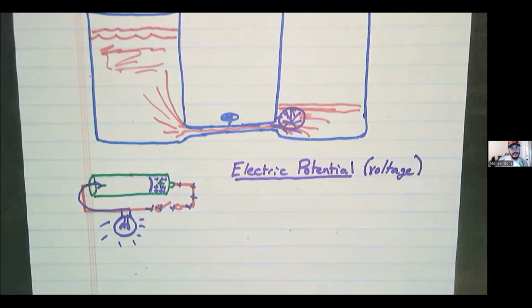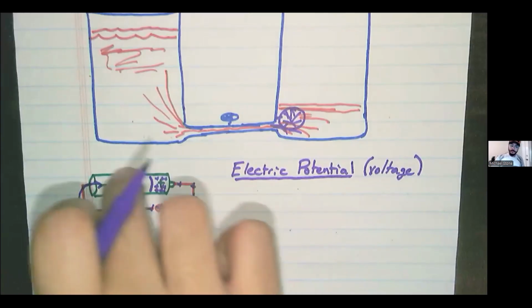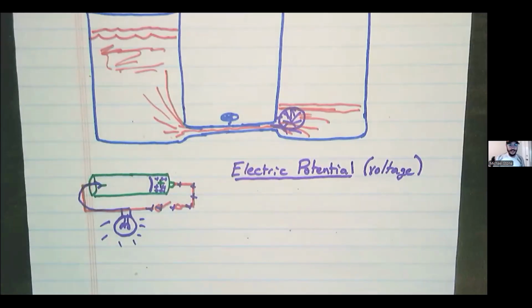The volt unit is named after Alessandro Volta, who was the first person to build a chemical battery. Rather than what Dufay and Franklin had done, which was to have electricity be constantly generated by friction, Alessandro Volta made this, well, literally a pile of metal discs of alternating types of metal, and between them sandwiched were pieces of paper or cloth soaked in salt water.